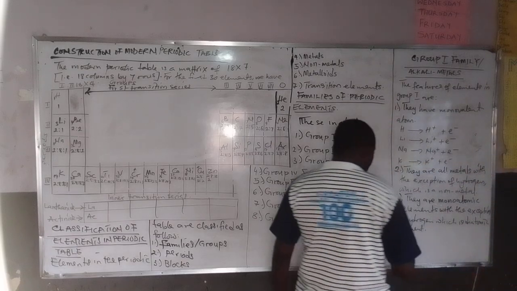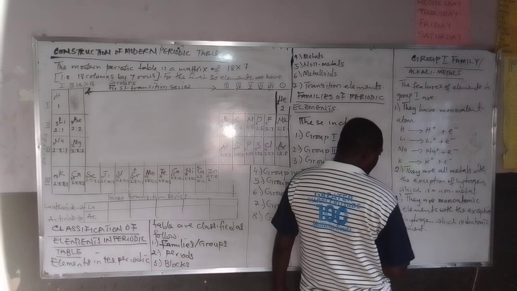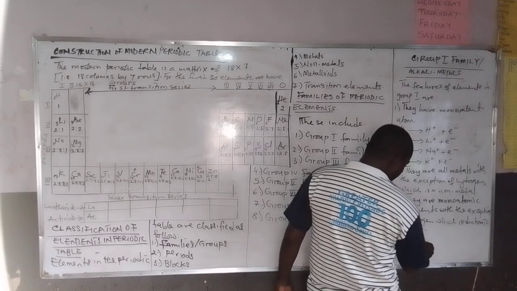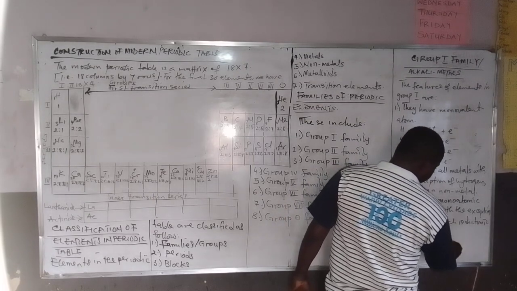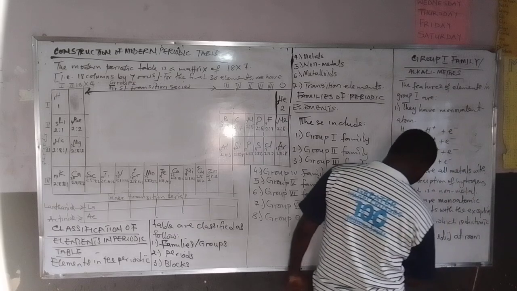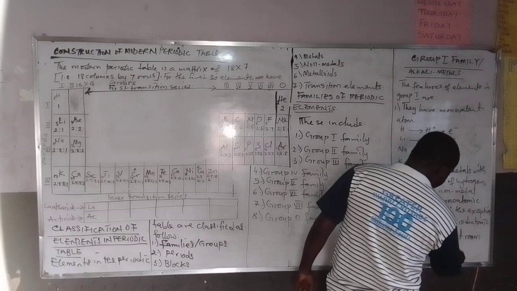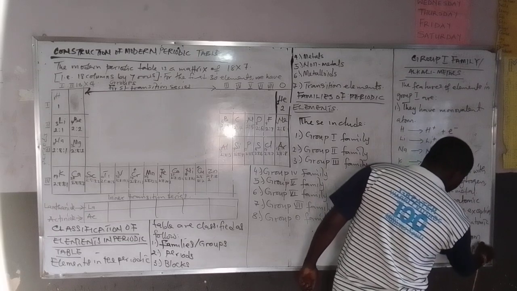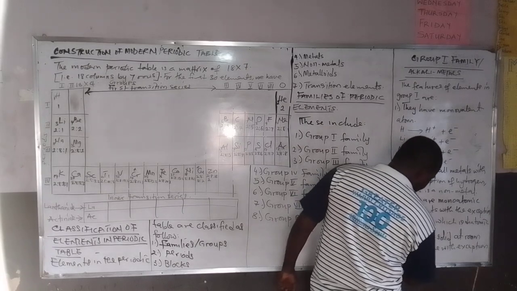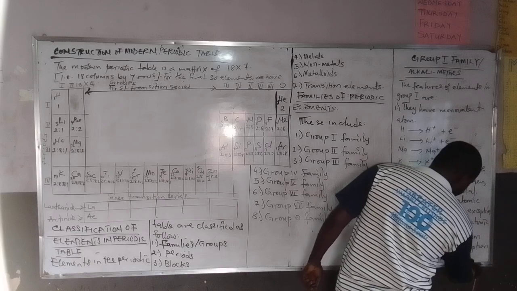Then another thing to know about them. Number four is that they are solid at room temperature, with the exception of hydrogen, which is gaseous.